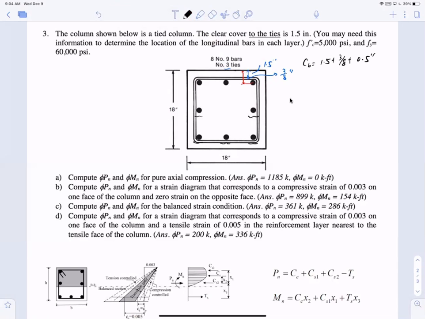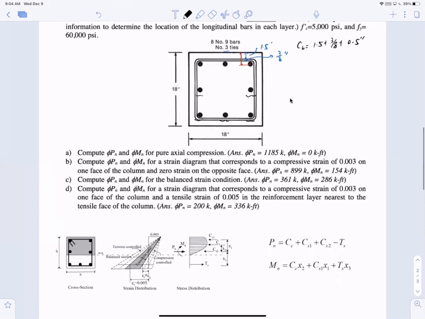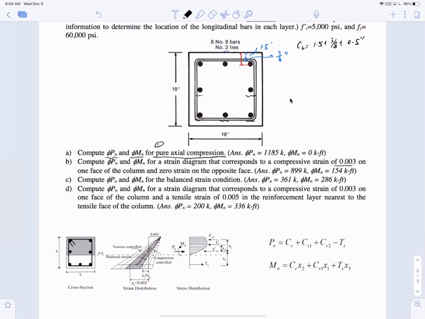Okay, so this is the geometry of the section, and the question is asking you first to compute φPn, φMn for pure axial compression, right? That's case 1. Then for the strain diagram corresponding to a compressive strain of 0.003 on the top and 0 strain on the opposite surface, this is essentially 0 tension, right? We talked about this as essentially 0 tension.